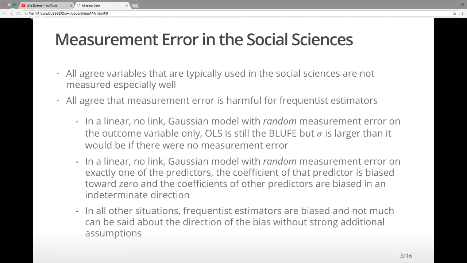Everyone agrees, and no one disagrees, that the variables typically used in a lot of social science research are not measured very well. There's also an additional layer of problematic stuff as to whether the things we're measuring correspond to the concepts that we're trying to talk about.